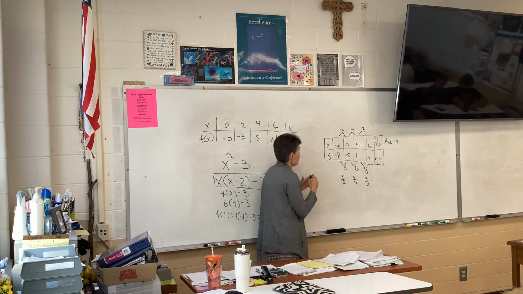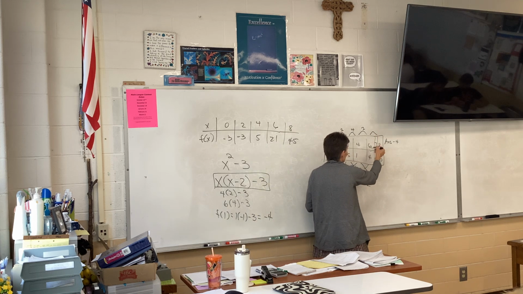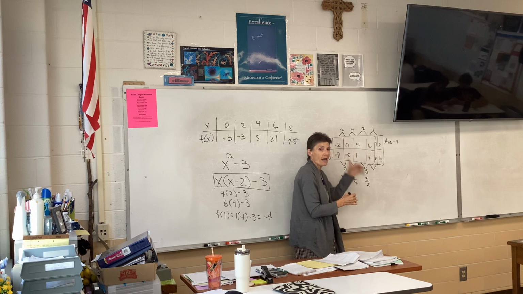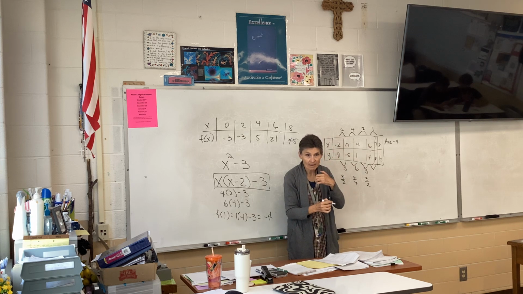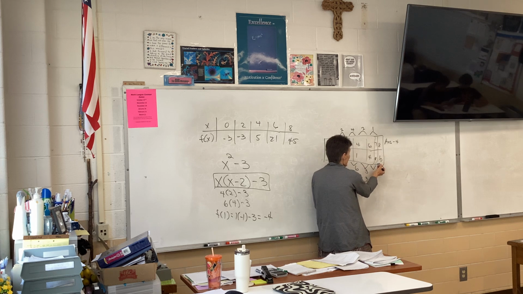Okay? So that means this rate of change right here, this denominator, the change in x's is 1, which means the change here has to be 1.5, which means A must be 5.5.